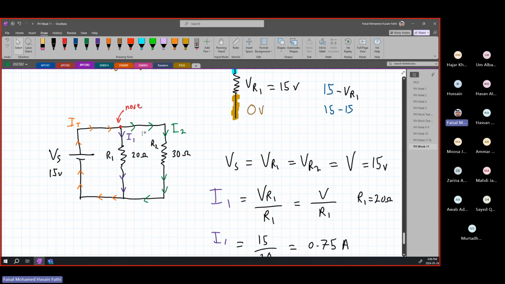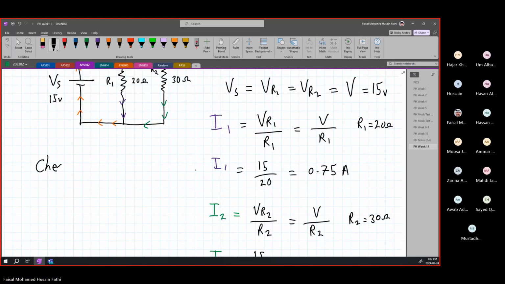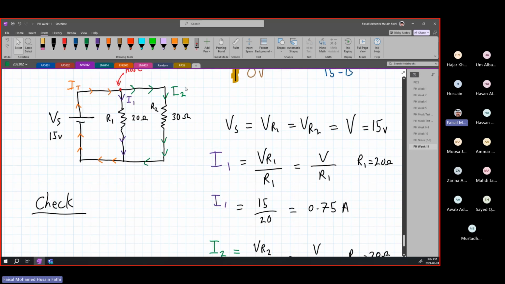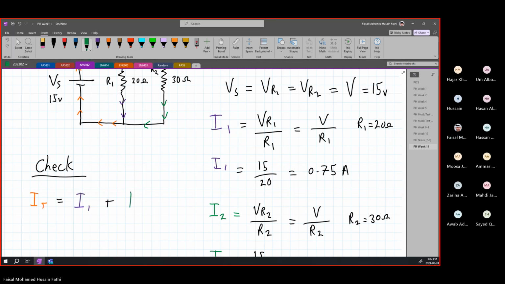So now we found the current that is flowing through each resistor. To check, remember, what did I say? I said that I total has to be equal to the sum of I1 and I2. So I total is going to be equal to I1 plus I2.